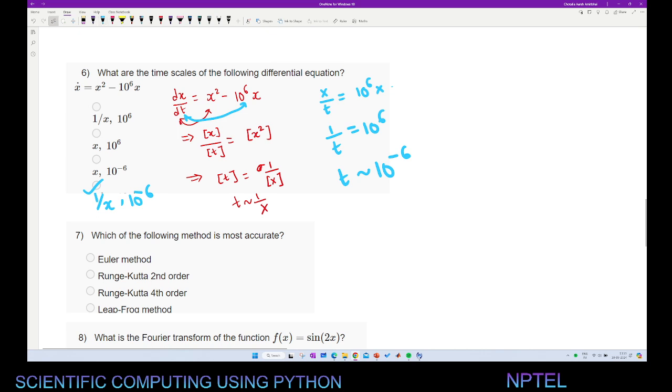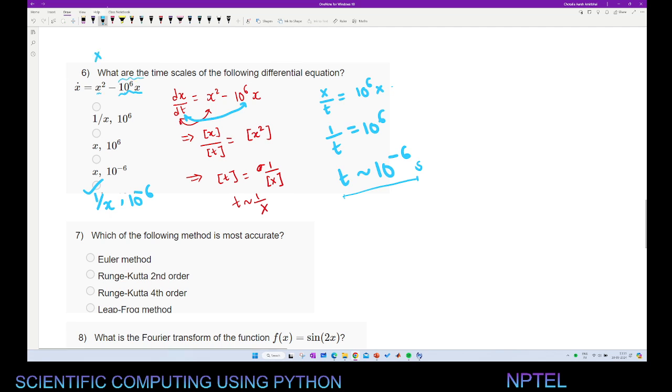What does this mean, by the way? We are doing it like machines, but it means that there is one time scale. If let's say it's in seconds, then it means that up to this time scale, this term dominates, right? Because x is very small. Let's say we are starting from 0, so a very small number. Then x square will be very small, but this term will be very large, right?